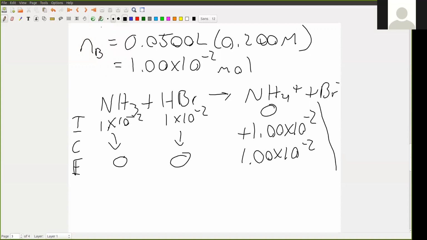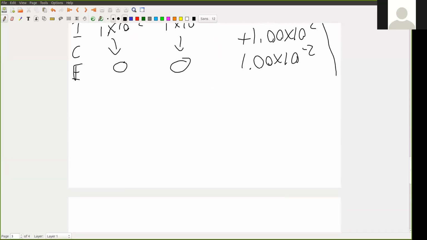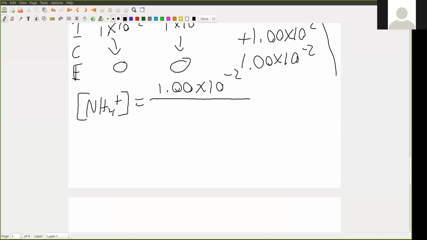Okay. And so now we want to calculate the concentration of ammonium. In order to do that, we take the number of moles, 1.00 times 10 to the minus 2, and we divide it by the total volume. And the total volume, because this is a monoprotic reaction, the volumes of the acid and the base are going to be the same at the equivalence point.